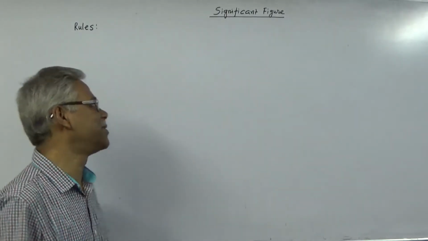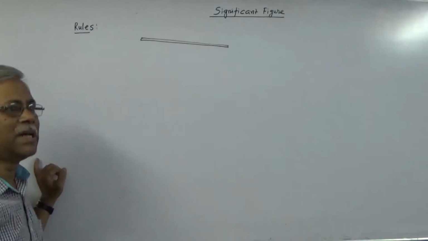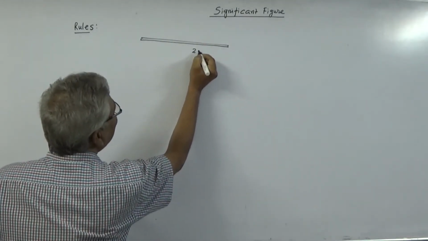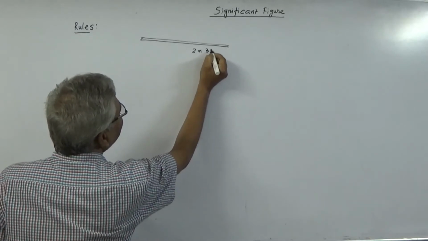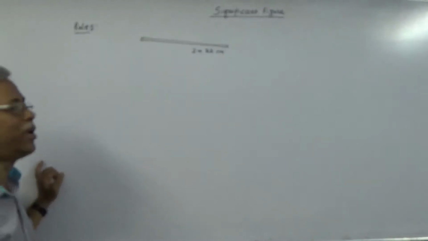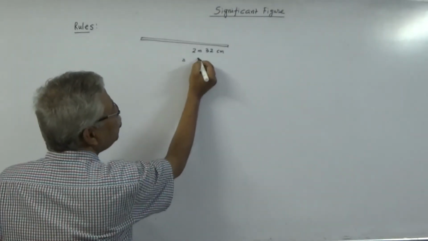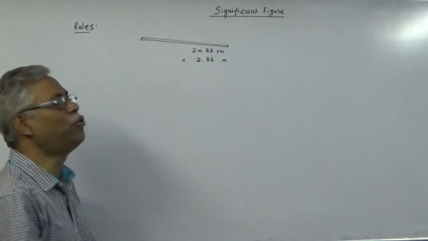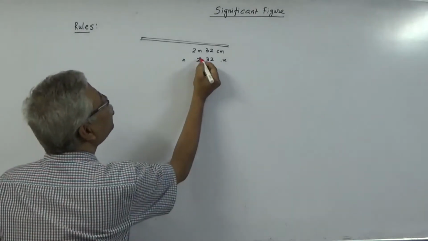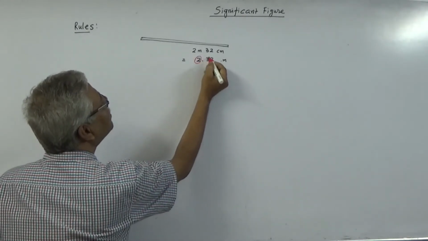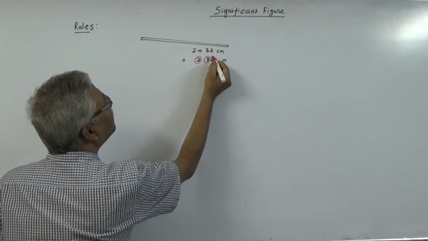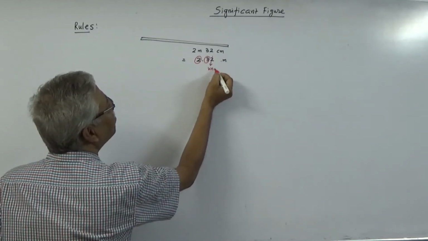I am explaining this. This is the basic concept. The length of a rod has come out to be, say, 2 meter 32 centimeter. So this is 2.32 meter. Of these 3 digits, 2 is known with certainty, 3 is also known with certainty, but this one is uncertain.